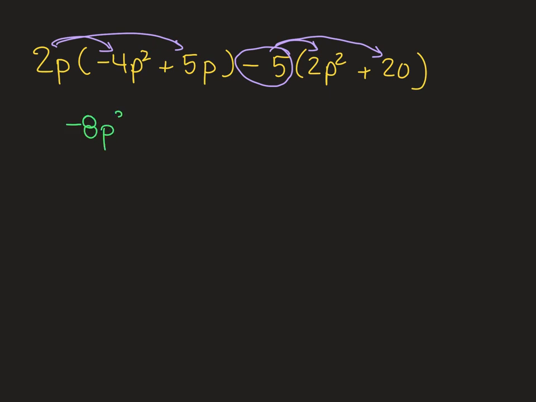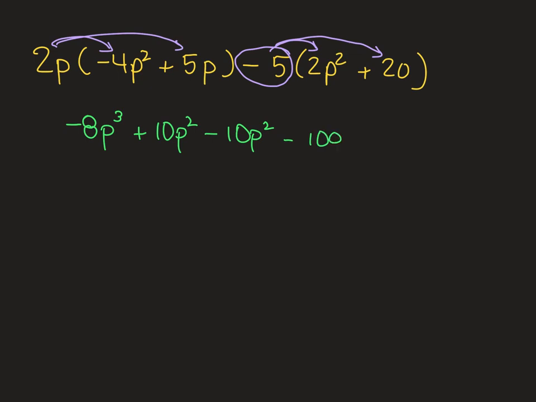We've got p with a tiny 3, 1 plus 2 is 3, plus 10p squared. A negative 5 and a positive 2 is a negative 10p squared. A negative 5 and a positive 20 is positive, oh, I was going to say positive 15. I forgot I'm multiplying. Let's see, that would be a negative 100.